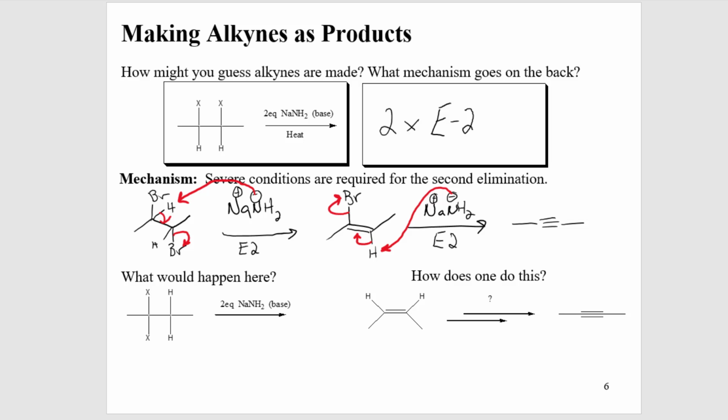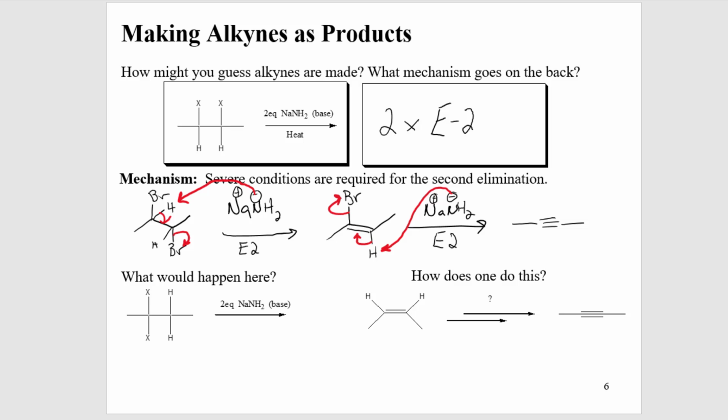But in the second case, we've lost that electron withdrawing group closest to the hydrogen, so it's a little tough to pull that vinyl hydrogen off. But ultimately, with some heat to overcome a very high energy, we can use a strong base and do a double E2 elimination to afford an alkyne.